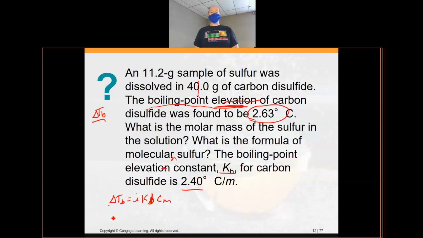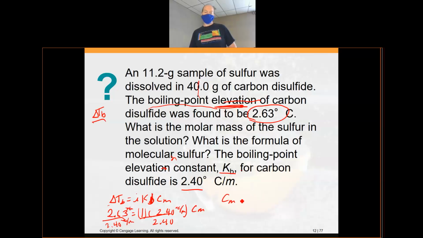If we solve for molality, we have our 2.63 equal to, this is an organic, carbon disulfide, that's organic, you have a 1, and the constant given to you, 2.40. And now you have your molality. To solve this, you divide both sides by 2.40. The degrees Celsius will cancel, and you end up with concentration, of course, in molality.